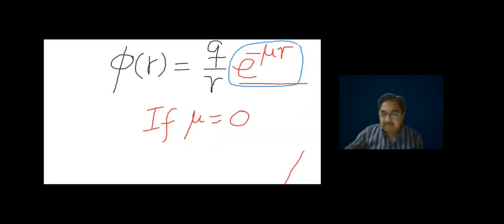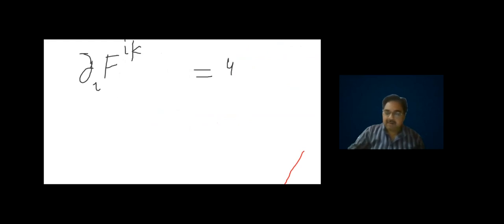So the greater the mass, the shorter the range of the force. Now we can confirm this with our understanding of the field equations. The field equations earlier, you remember, were ∂_i F^ik = 4π/c j^k.